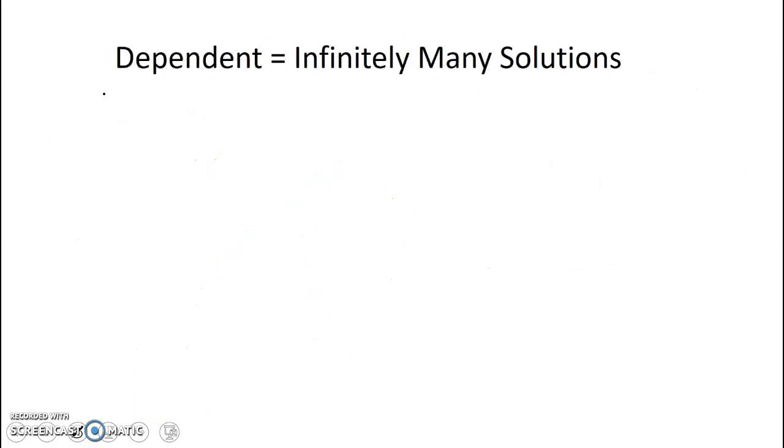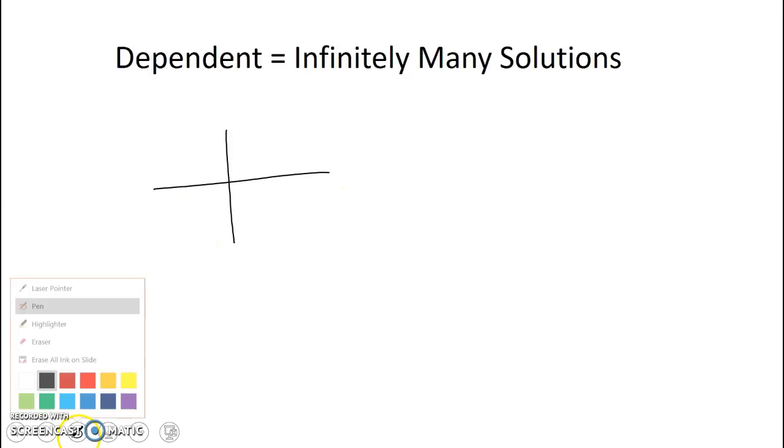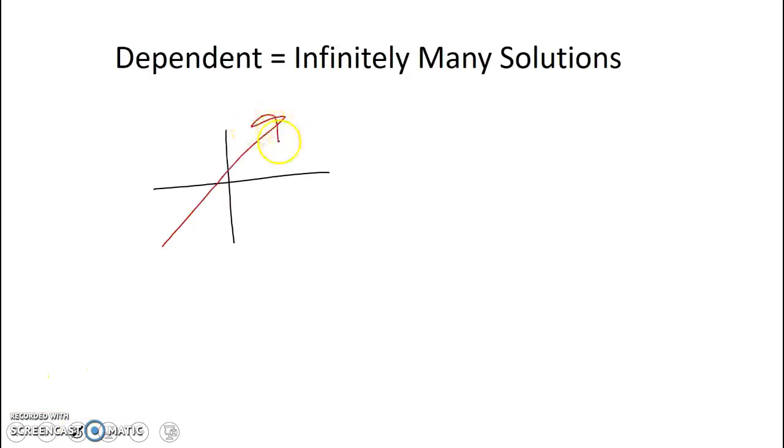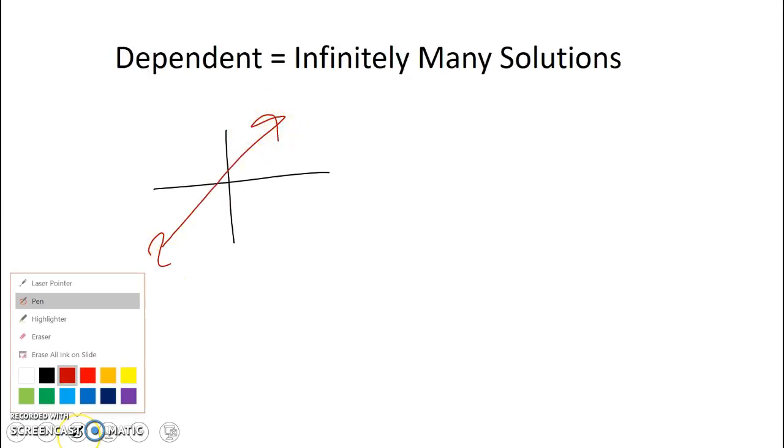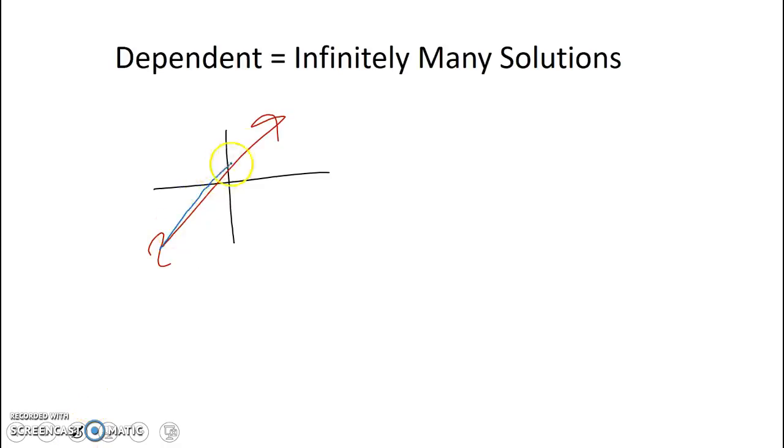Let's check about dependent. Dependent means they have infinitely many solutions. So in this one, it doesn't mean that they intersect one time. It means that they intersect all the time. And as you can see, that would only happen if they intersect at every single point, when it's the same line graphed over itself.